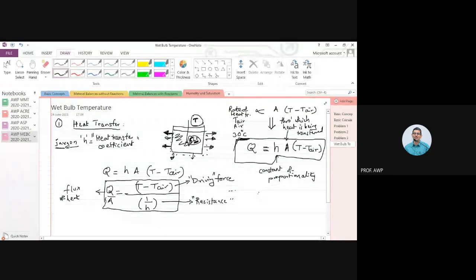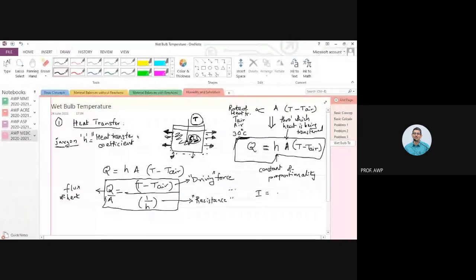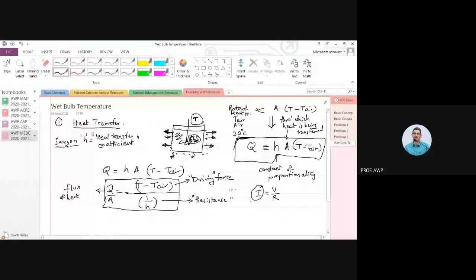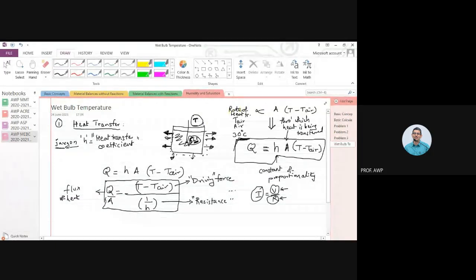So our electrical analogy or voltage analogy is current, that is our flux, is equal to voltage divided by the resistance, the driving force divided by resistance. Two important concepts, or three important concepts.